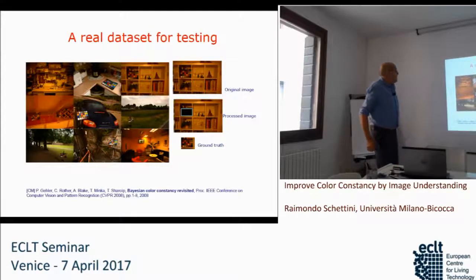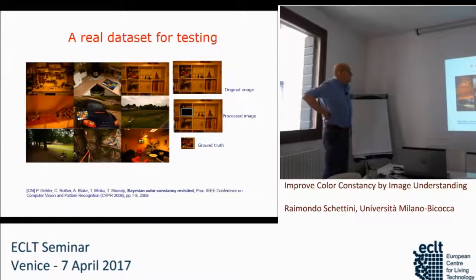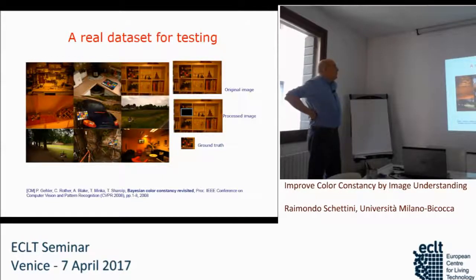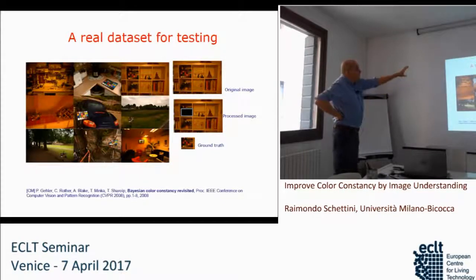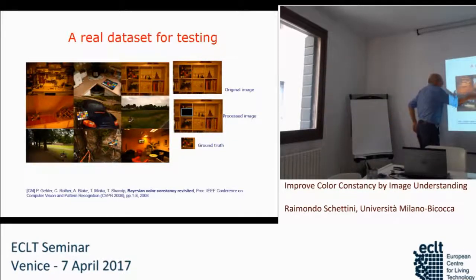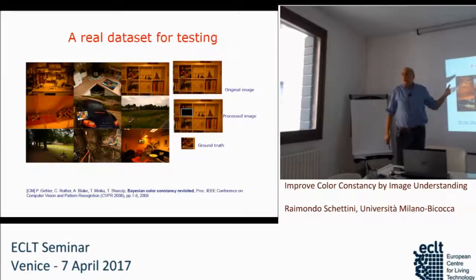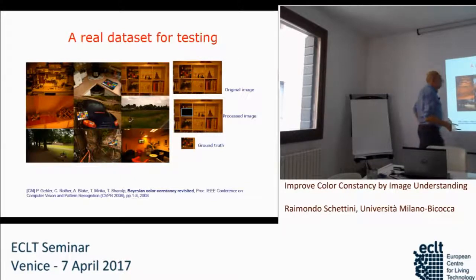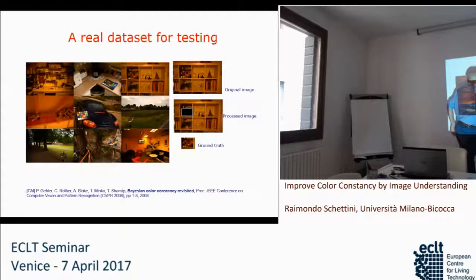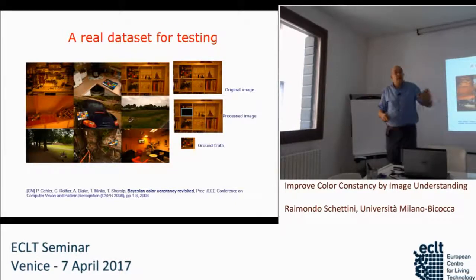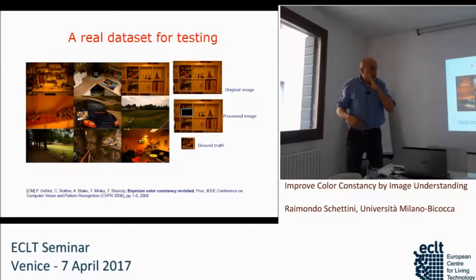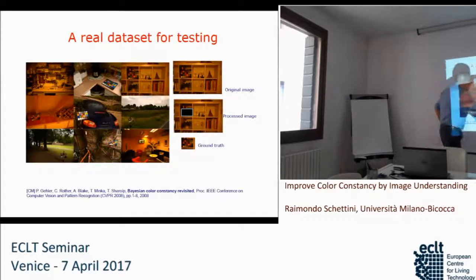Now, the large majority of experiments are carried out on this data set that was acquired by Microsoft a few years ago, with many scenes like this, in which you have the target. If you want to use that, you mask the target in the original scene, apply your algorithm, and evaluate the error with respect to the ground truth.